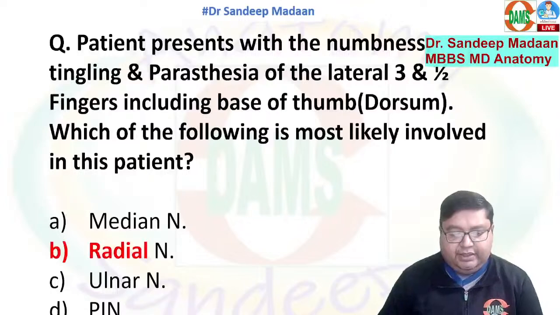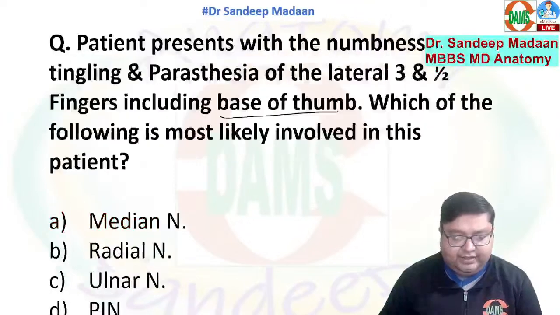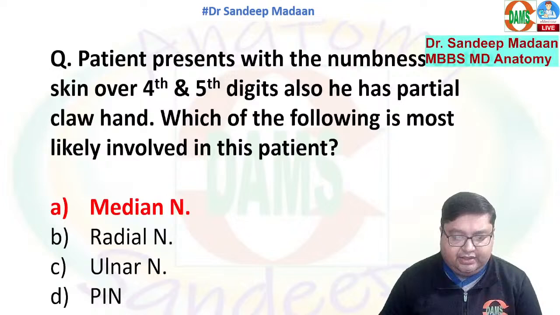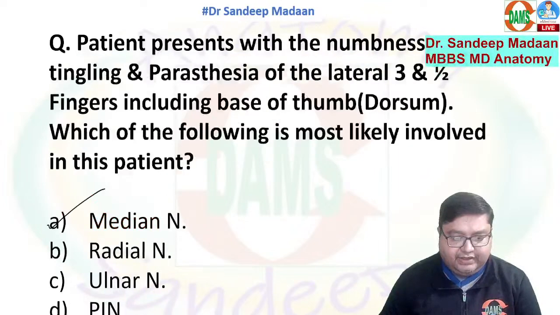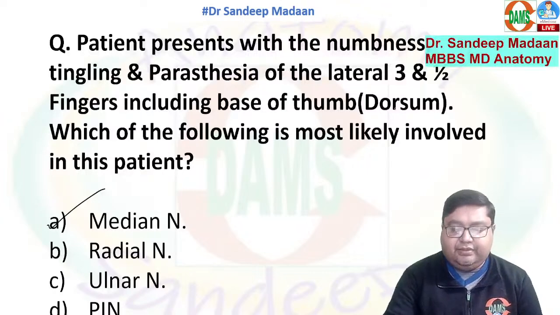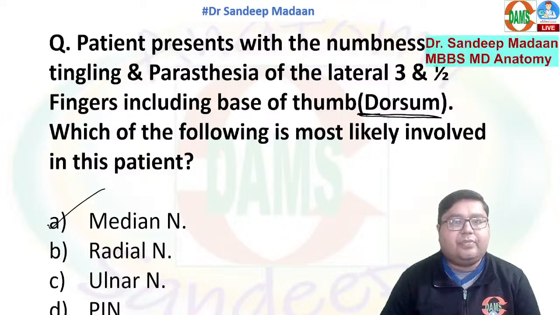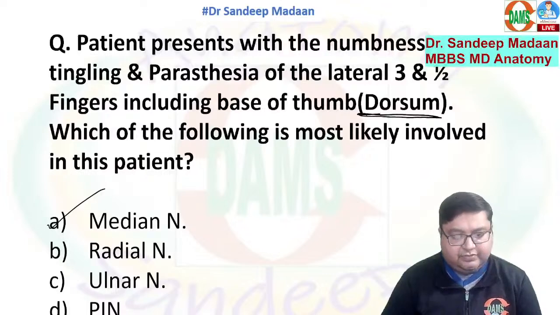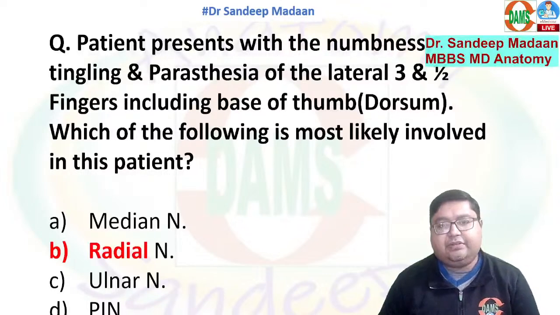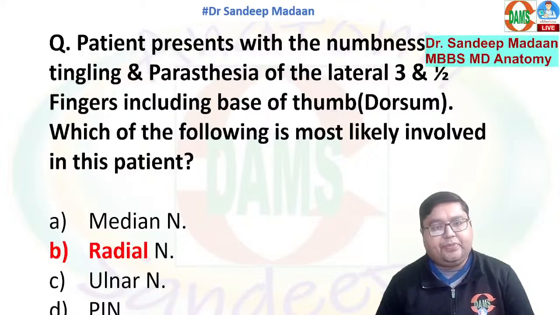Yes, but some students are saying that okay, this is median nerve, but in this case, one question was given that base of the thumb on the dorsal aspect. If the dorsal aspect was given, then answer will be radial nerve. Okay.